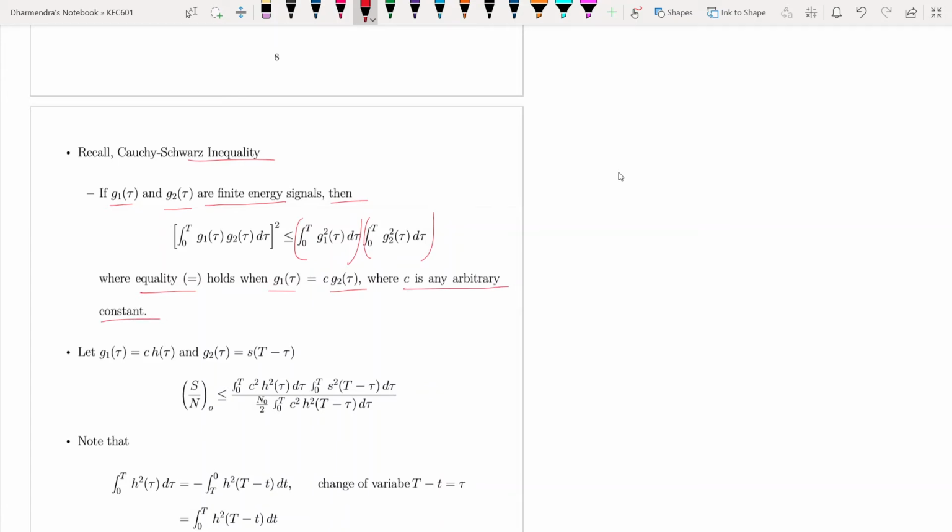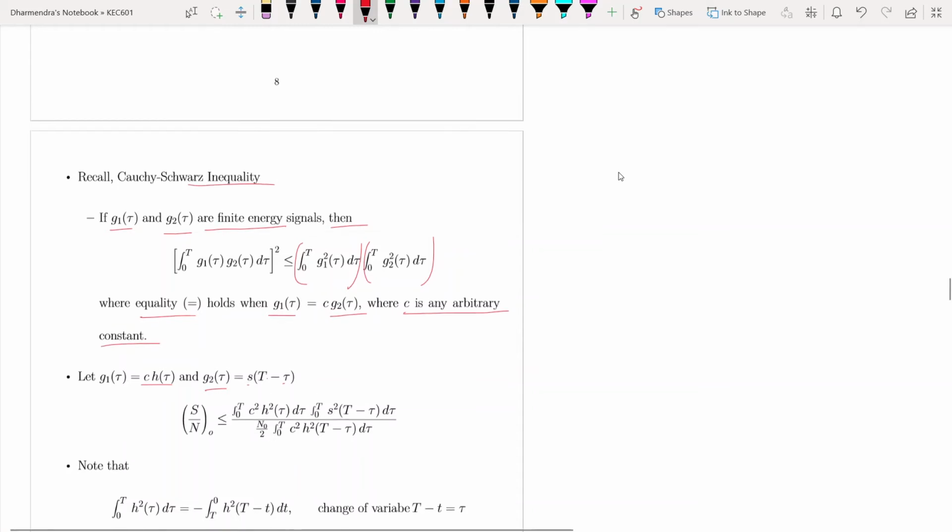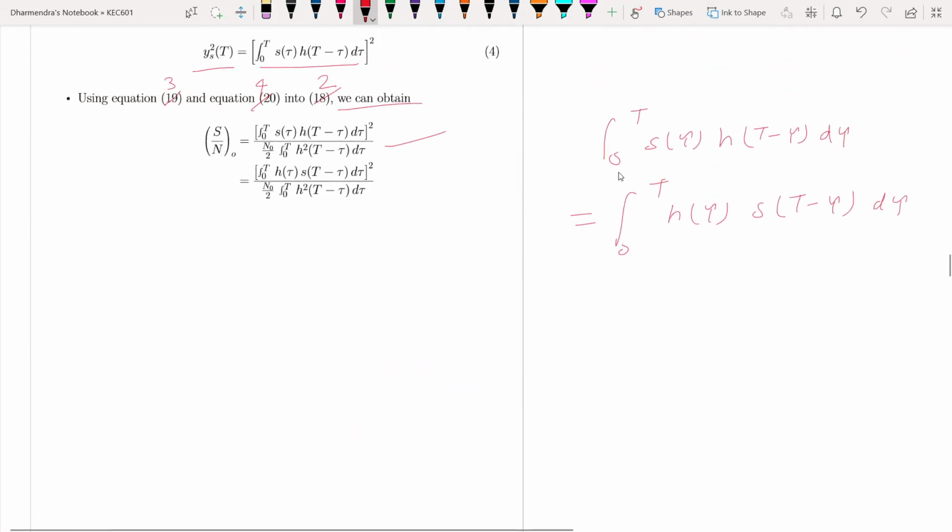So let us assume G1 of tau is C into h of tau and G2 of tau is s of capital T minus tau. From this, I am assuming this is G1 of tau and this is G2 of tau.